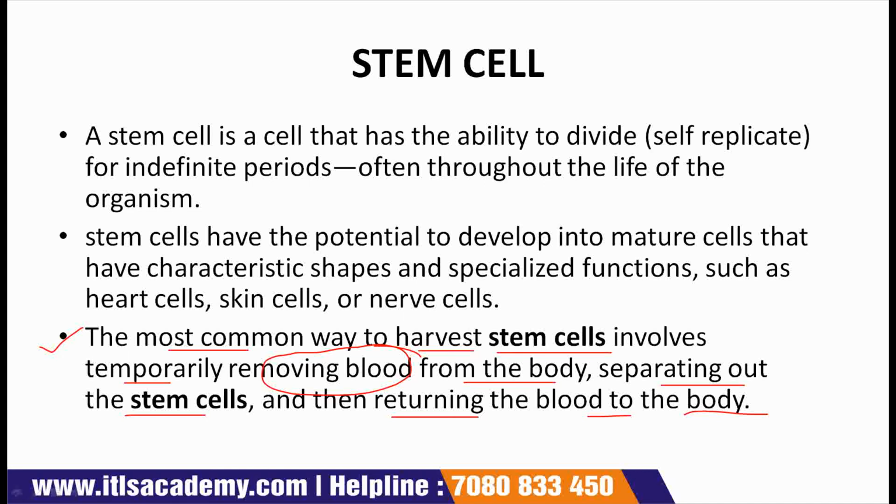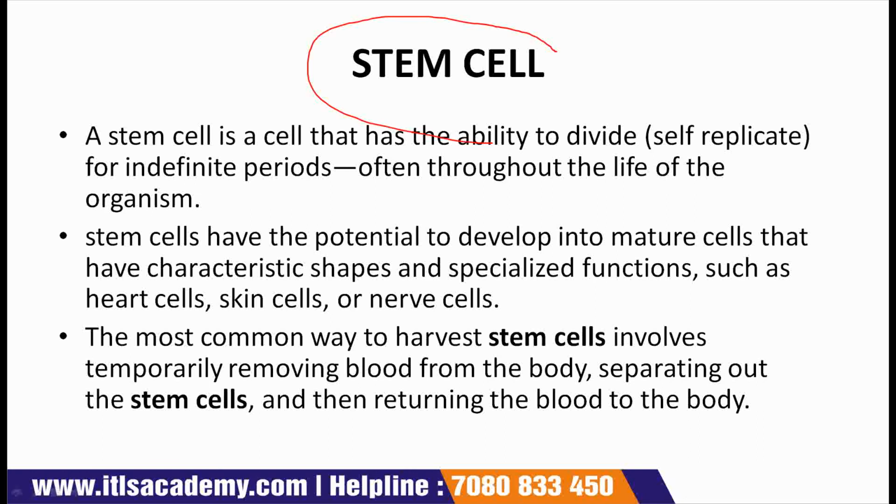To boost the numbers of stem cells in the blood, medication that stimulates their production will be given for about 4 days beforehand. So this was all about the basics of stem cells.